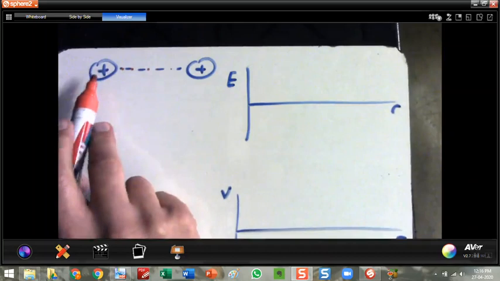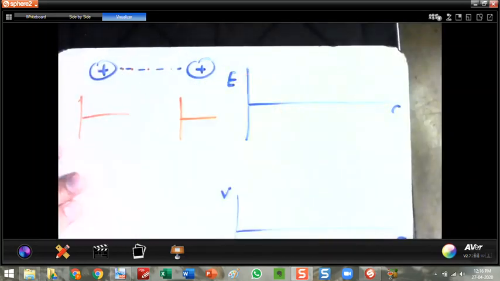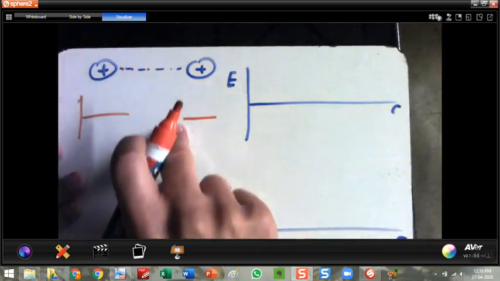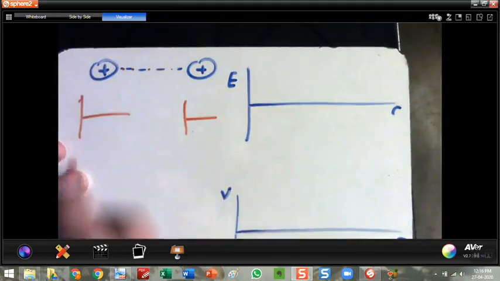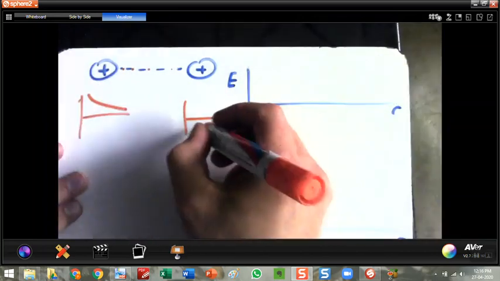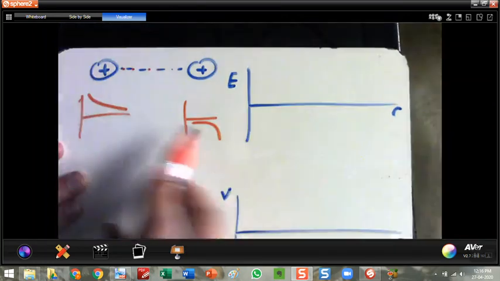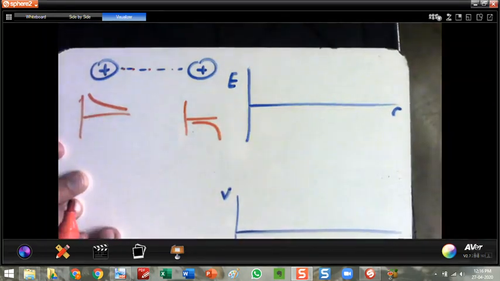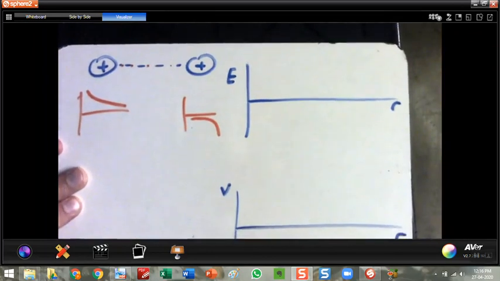This one has a field, and that one has a field. Because the fields are in opposite directions, we'll most probably see that this one's field goes like that, and this one's field goes like this. The reason that they're in opposite directions is because the electric field is a vector quantity.